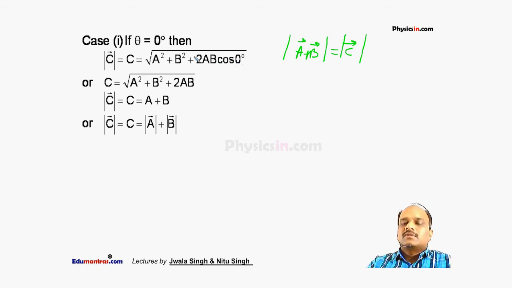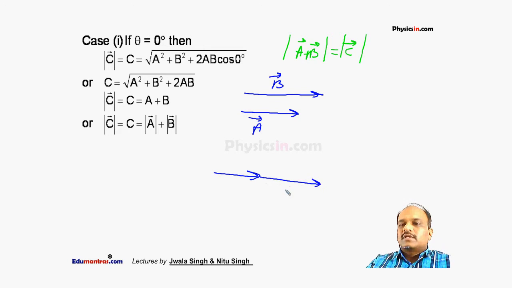If I put theta equal to 0, suppose this is vector A and this is vector B. If the angle between vector A and vector B is 0, then this is vector A plus this is vector B, which will give you vector C. The magnitude of this vector C is root over A square plus B square plus 2AB cos 0.